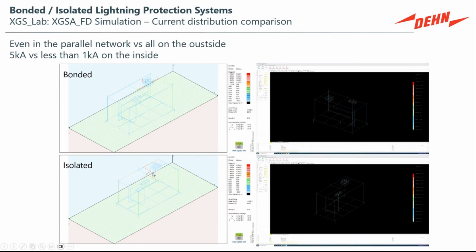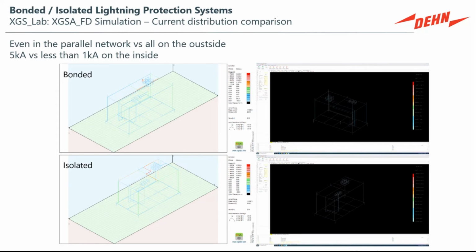In an isolated system, we're diverting the currents away from the structure, instead of trying to share them equally throughout the structure. In a bonded system, even though we're attempting equipotential bonding and equipotential grounding, there's still enough impedance through the system that you get significant voltage rises. In an isolated system, the currents are all pushed to the outside of the building and they don't cause voltage rise at the distribution center.